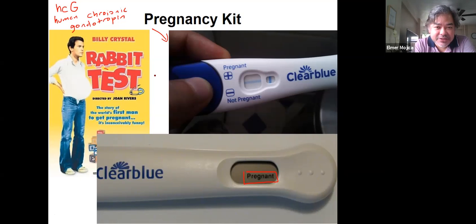Now the question: can a male get a positive result in the pregnancy test? The answer is yes, but that would be bad news. If you use the pregnancy kit, and you're male and it gets positive, that is bad news for you, because that means you have cancer.